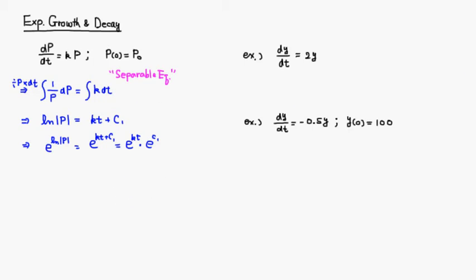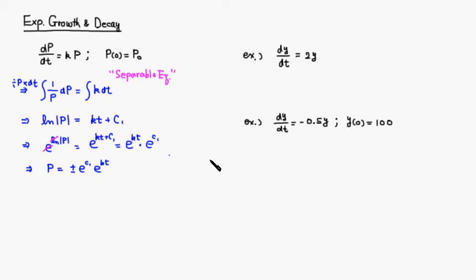Then we can cancel e and natural log, because the exponential and log functions are inverses of each other, so when you compose them, they cancel out. We end up with just the absolute value of p. Instead of writing the absolute value of p, I'm going to put plus or minus. So p is either plus or minus e to the c1, which is just a constant, times e to the kt.